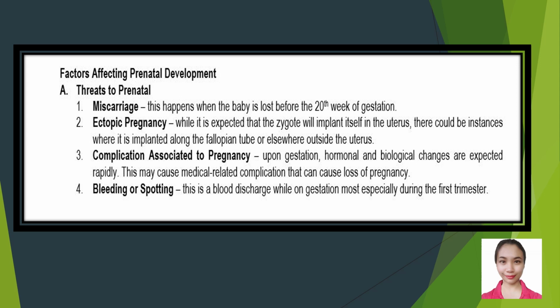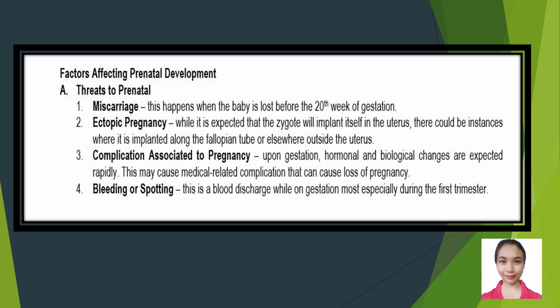So these are the symptoms that cannot be stopped and miscarriage will happen. Next is infected abortion. The lining of the womb or the uterus and any remaining products of conception become infected. And the last is the missed abortion. The pregnancy is lost and the products of conception do not leave the body.